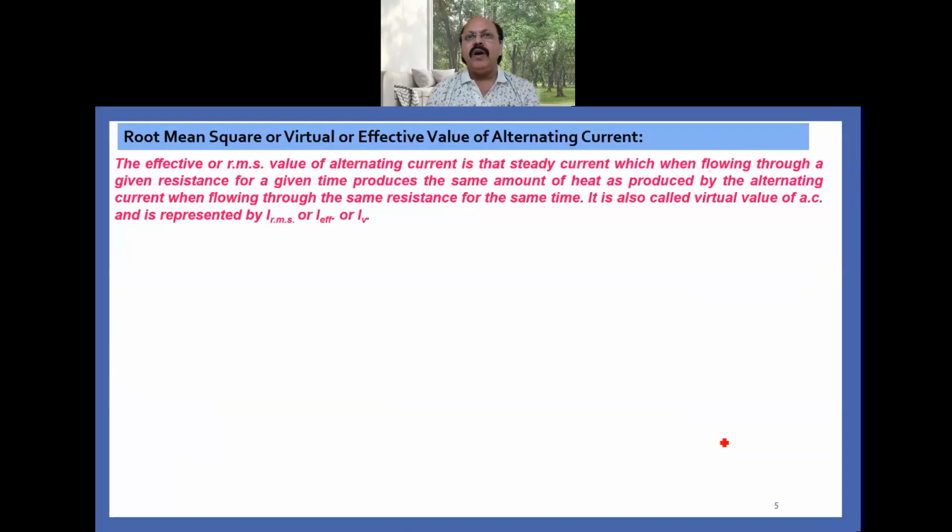It is also called virtual value of alternating current, and it is represented by I RMS or I effective or I V.